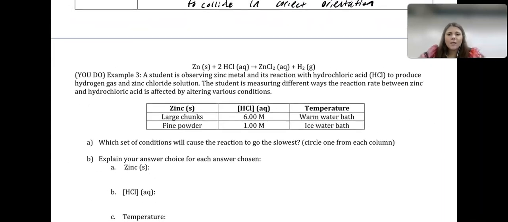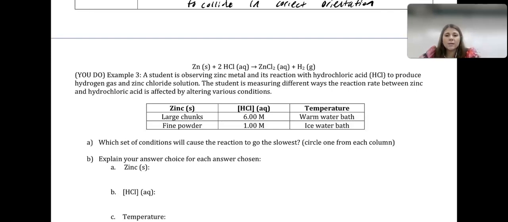In this example, a student is observing zinc metal and its reaction with hydrochloric acid to produce hydrogen gas and zinc chloride solution. The student is measuring different ways the reaction rate between zinc and hydrochloric acid is affected by altering various conditions. You can see I have the first column zinc, HCl, and temperature.